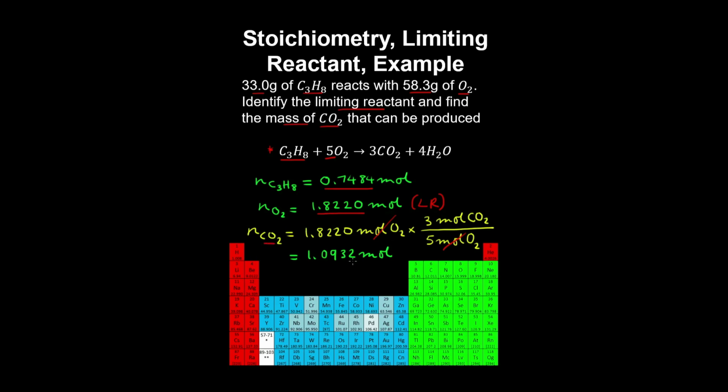And now to convert this into a mass of CO2, we multiply by the molar mass of CO2, which you can obtain from a periodic table, which will give the following result, using 3 significant figures as were given in the problem.